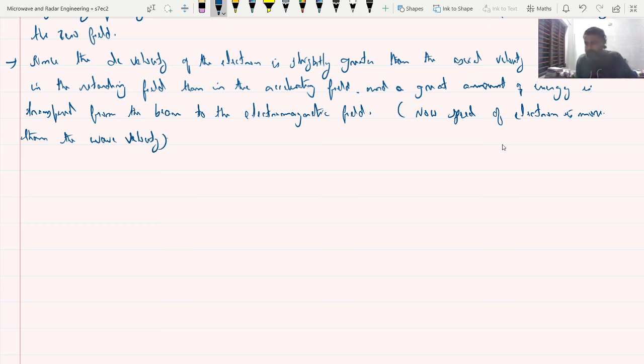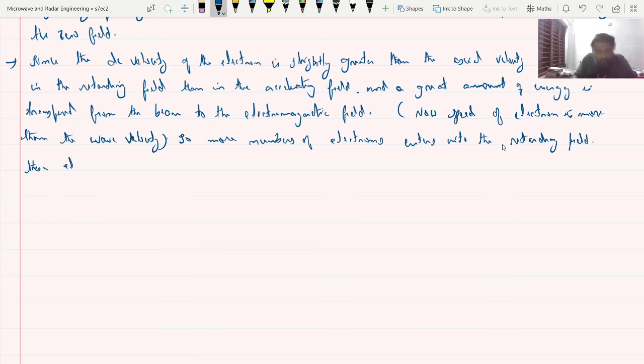What I can write: since the speed of the electron is more than the wave velocity, more number of electrons enter into the retarding field. Okay. What happens?